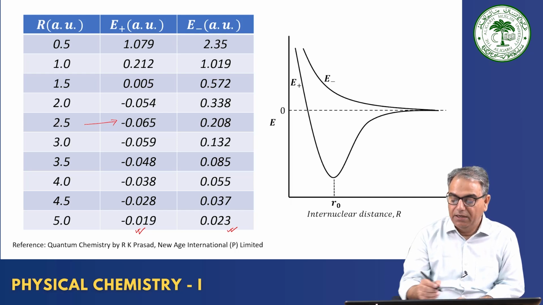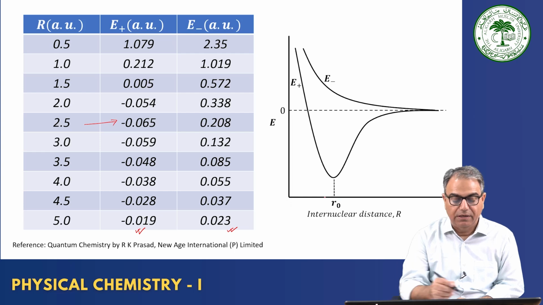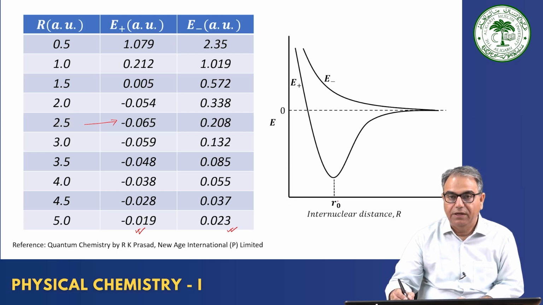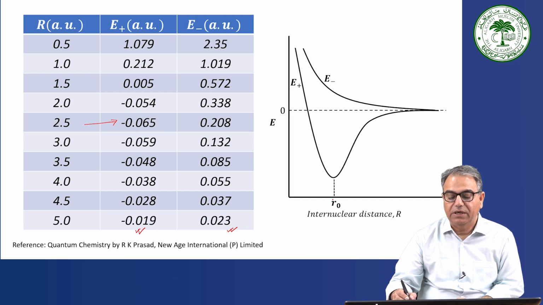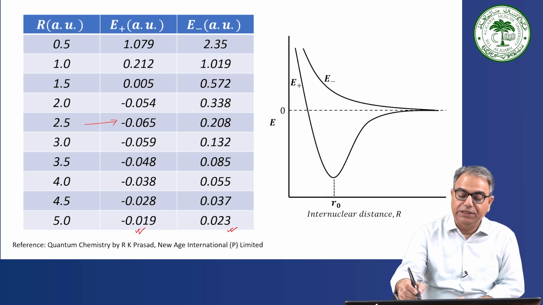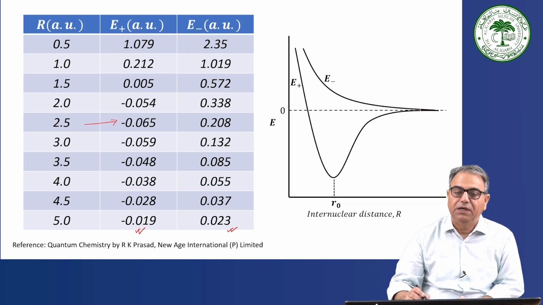You have a minima at 2.5, as per this data. This internuclear distance R is the distance for bonding, or we can say chemical bond. This graph we are very familiar with. So you have an energy decrease in one case, and you have energy which remains positive in the other case.